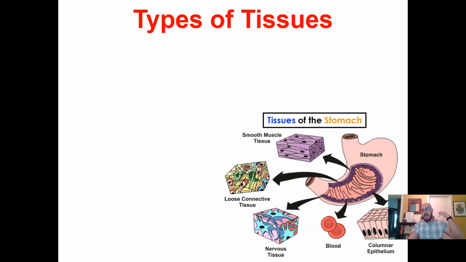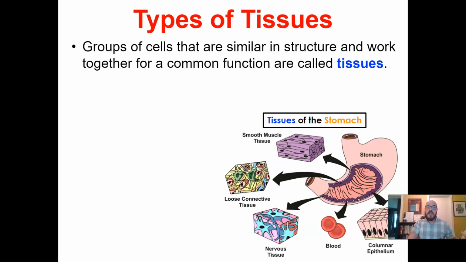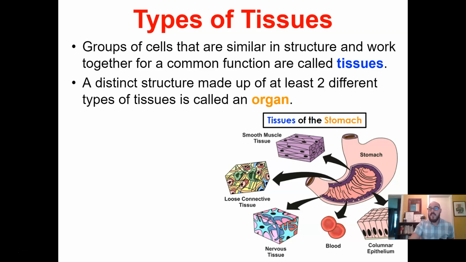All right, so multicellular life can then differentiate cells into tissues. These are cells that have a similar structure and work together to perform a common function. Distinct structures made up of at least two different types of tissues are what we call an organ. So an organ is when a bunch of different tissues come together to make a structure that can perform a certain job, okay?